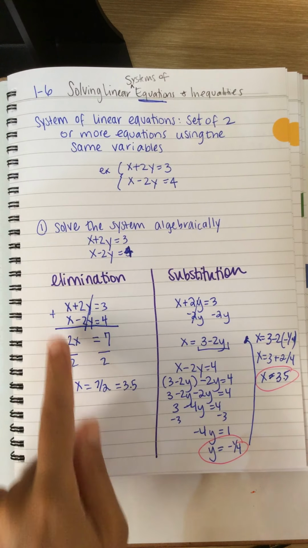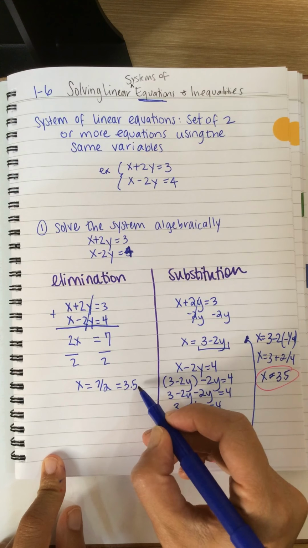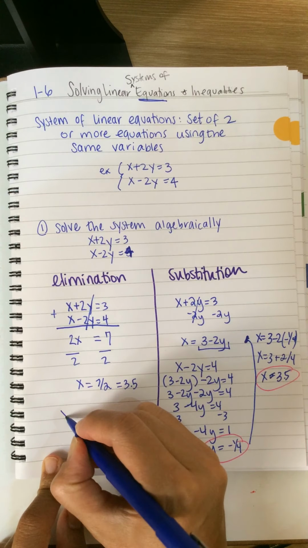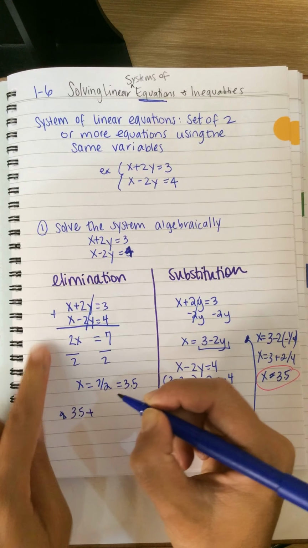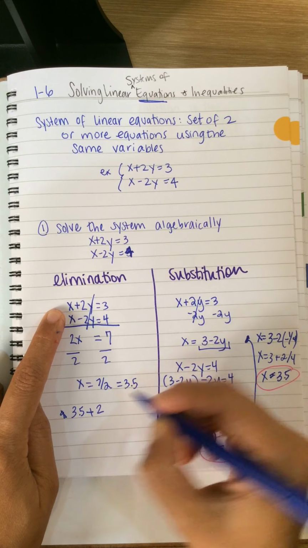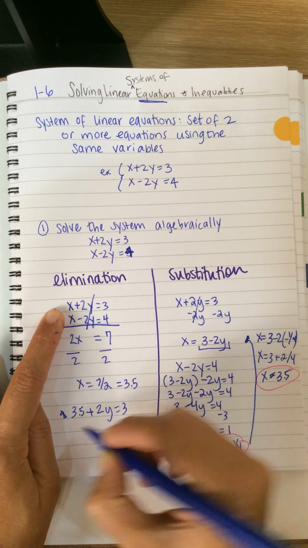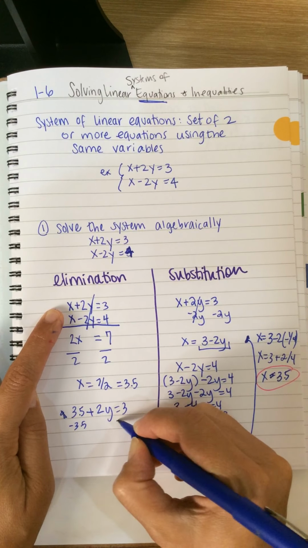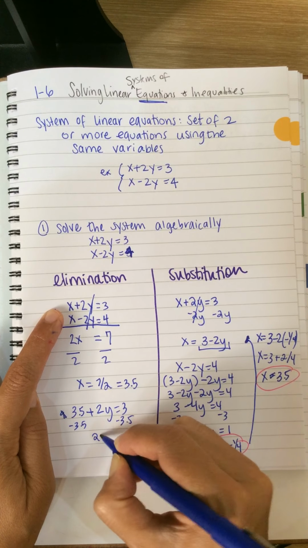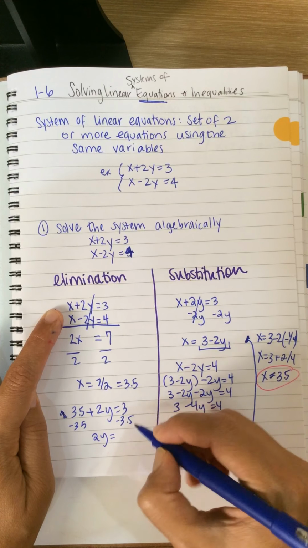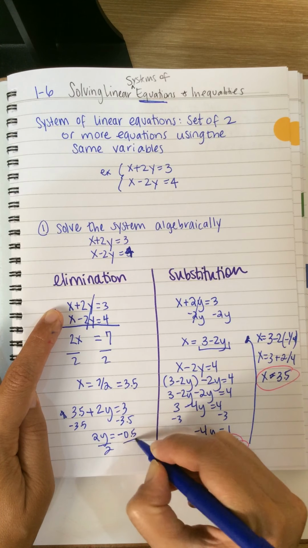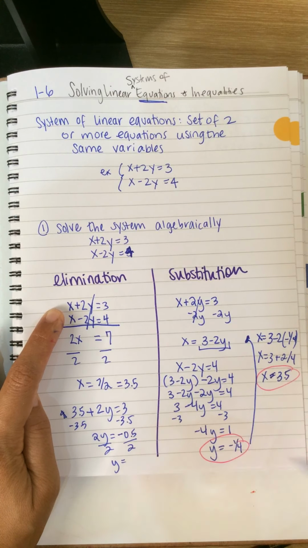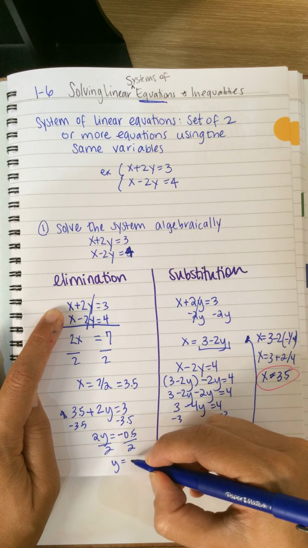For this one, I forgot to come back up and solve for y. But if we plug 3.5 in for x, we're going to get the same thing, right? So if we plug in 3.5, let's use this top one, plus 2 times y equals 3. I get 2y equals negative 0.5. Divide by 2. Okay, well, what's a half divided by 2? It's a negative 1/4, right?